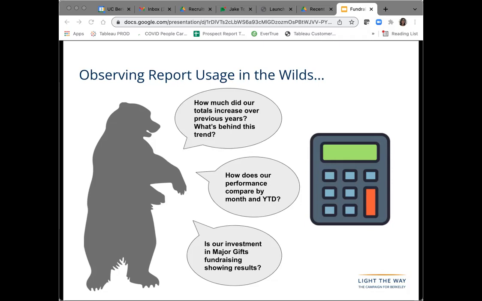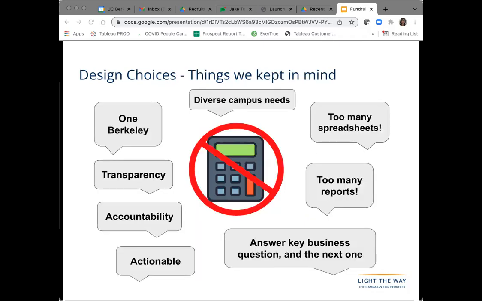There were all these questions that the old reports answered a lot of, but they just didn't take it to the next level. They weren't versatile enough. So these were some of our inspirations for making the upgrade.